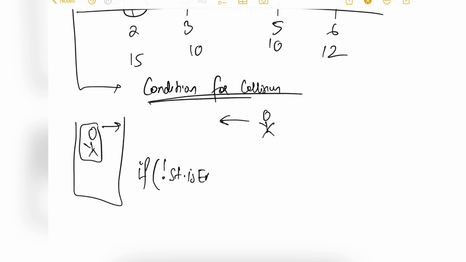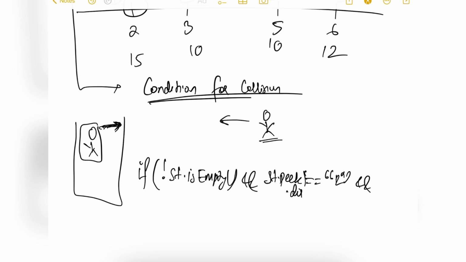Second, whatever is in my stack, st.peek, its direction should be equal to right, and the current robot we are iterating, its direction should also be equal to left, right? This is the case for collision. Then only there is a possibility of collision.